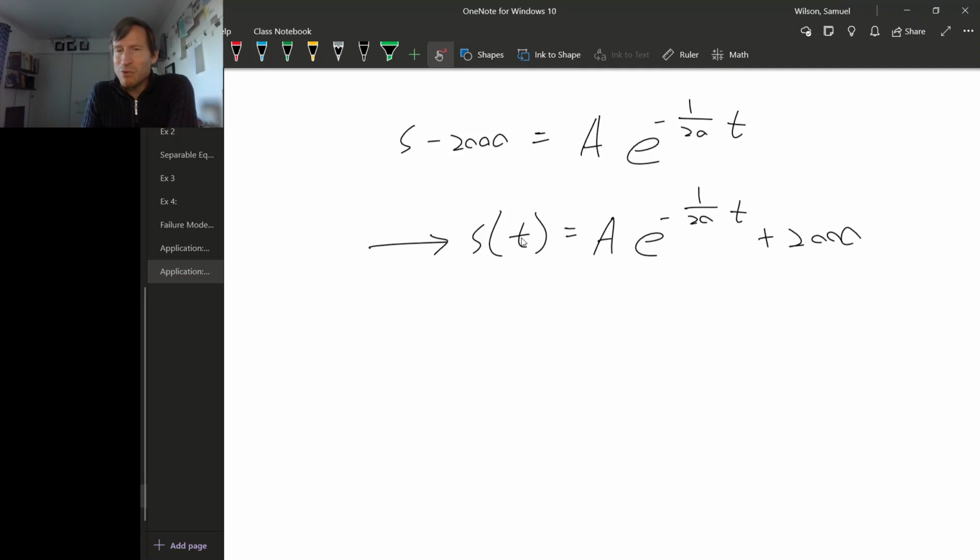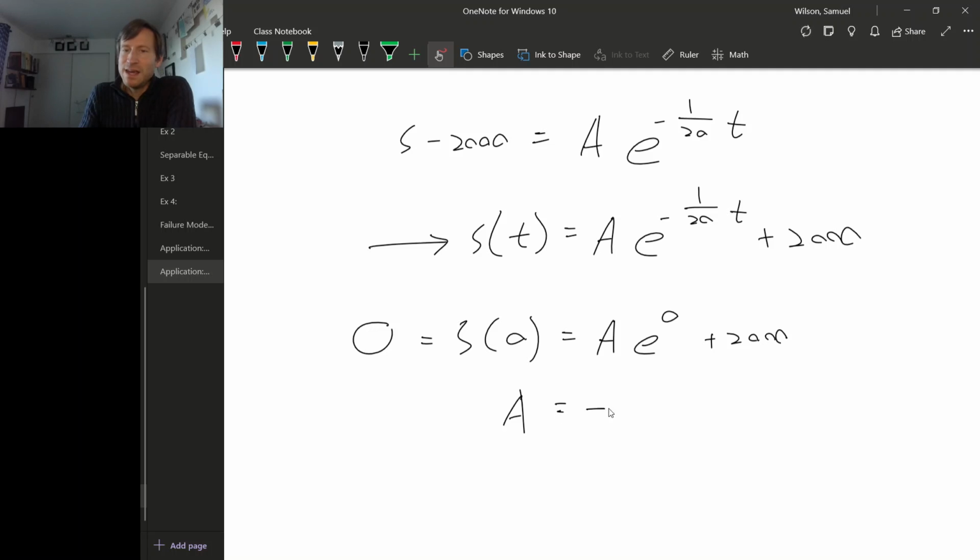But remember, we want a particular solution because we had an initial value. The initial amount of salt in the tank was 0 because it started out full of pure water. So if we put in 0 for time, we should get 0 grams of salt. We can plug t equals 0 into the formula that we got. So we get A times e to the 0 plus 2,000, and then we can solve this for A. A is minus 2,000.